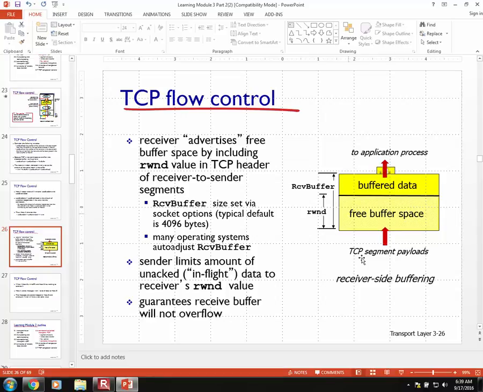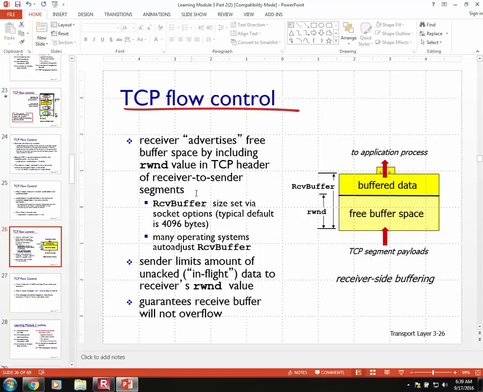The free buffer space is also this RWND value. So this RWND value is sent back to the sender.